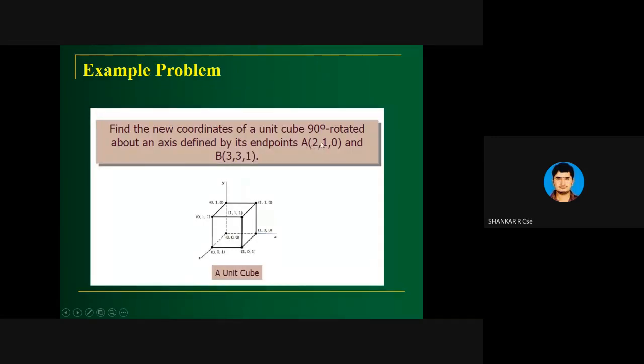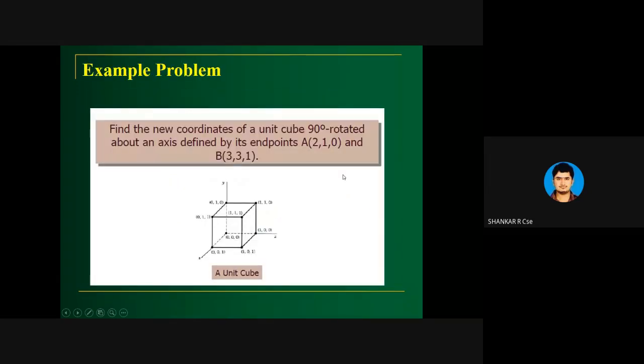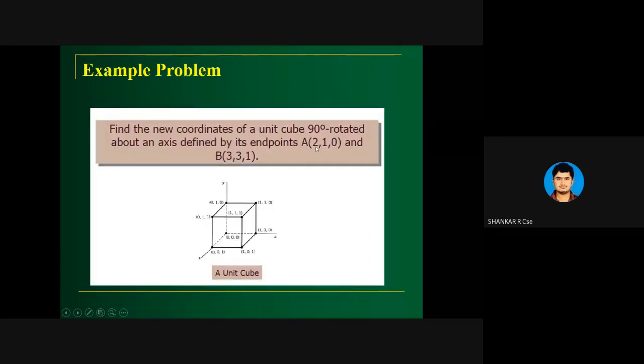A's y coordinate is 1, you are subtracting 1. And A's z coordinate is 0, minus 0. Now you have subtracted 2, 1, 0 from A, so you need to subtract 2, 1, 0 from B now because B follows.